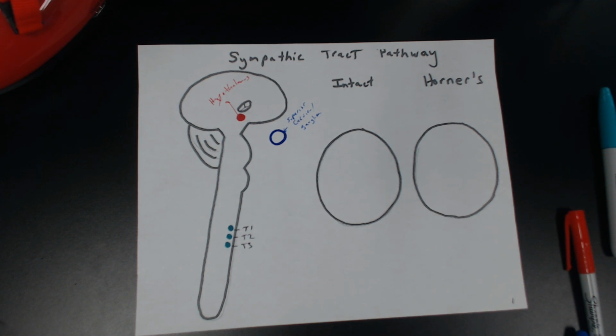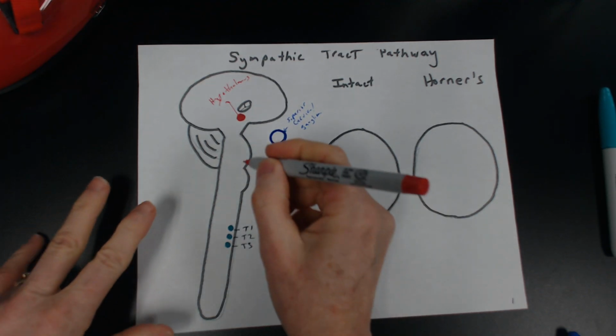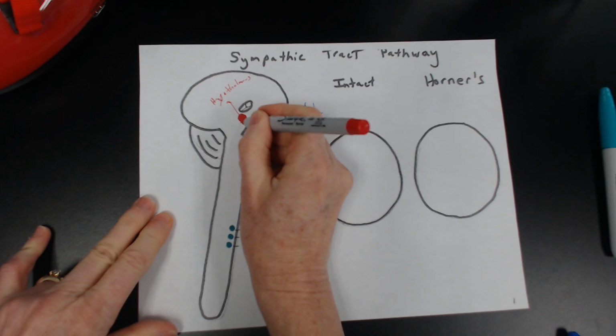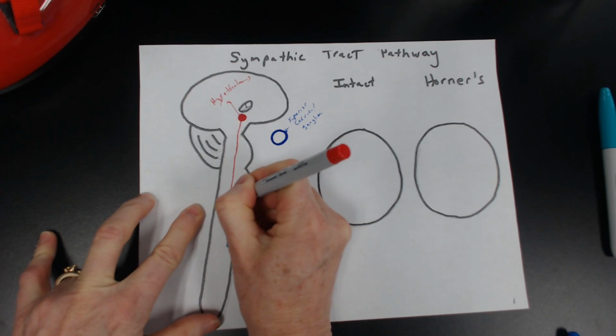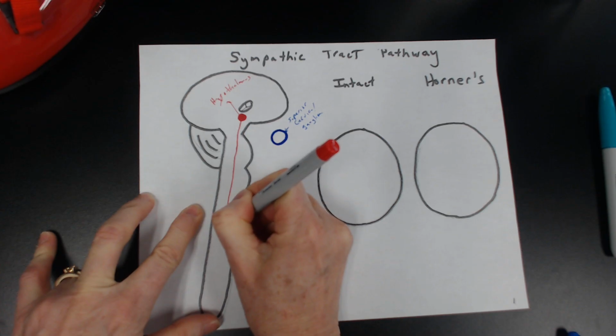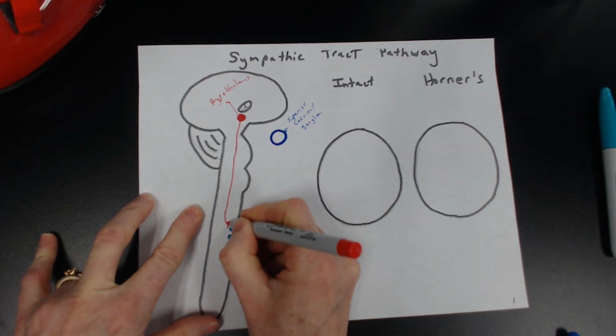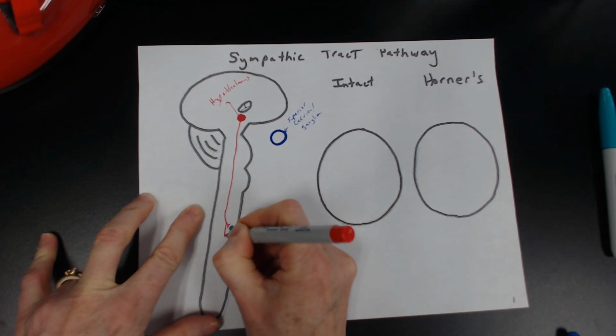So the sympathetic tract starts in the hypothalamus. Neuronal cell bodies in the hypothalamus send out axons that travel through the midbrain, the pons, medulla, and all the way down through the spinal cord to synapse at the level of T1 through T3, the lateral gray horn.